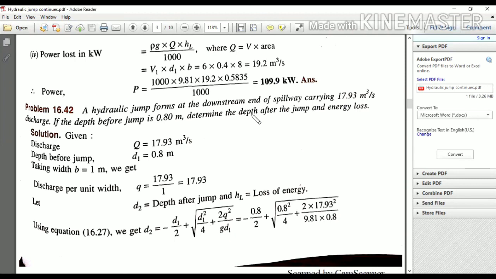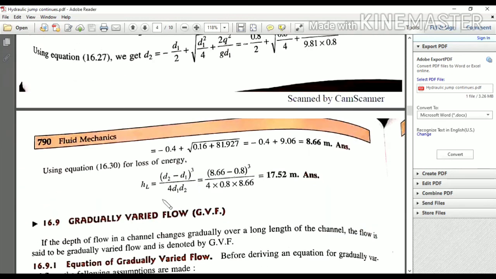So we will consider the width as 1 meter. Here you can see the discharge is given, D1 is given, taking width as 1 meter, so Q is substituted as 1. Then D2 and the head loss will be calculated.